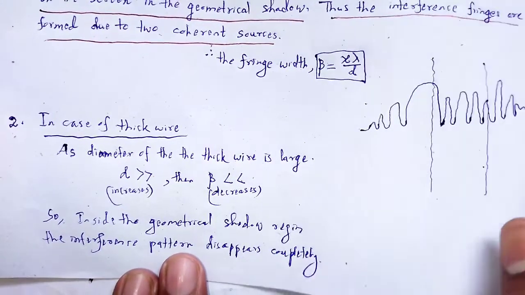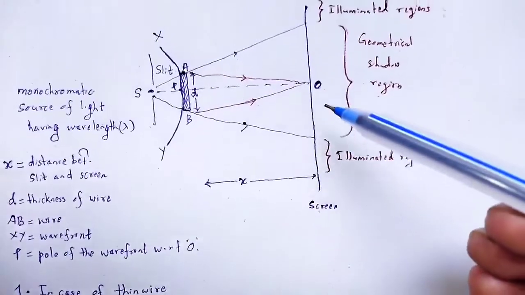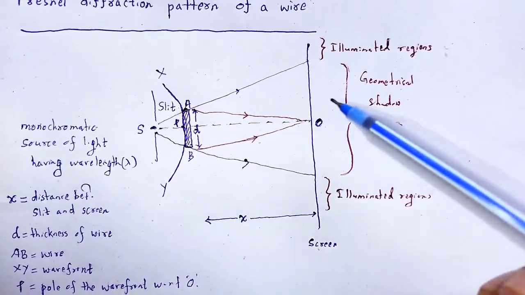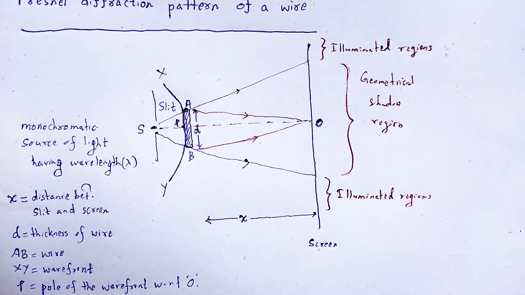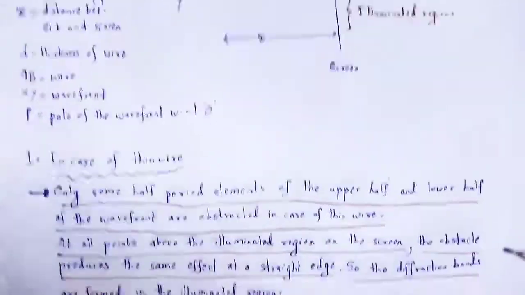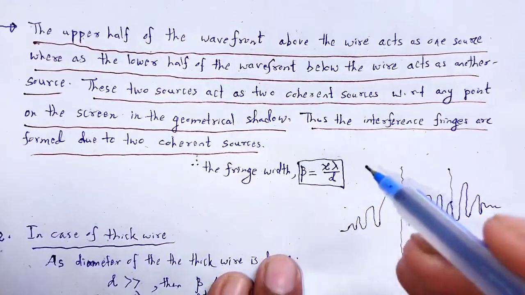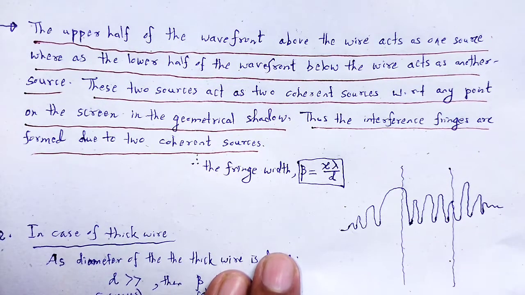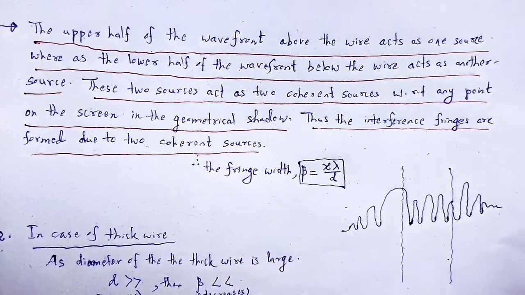Here there will be the formation of alternate dark and bright fringes, but due to the concept of fringe width, the fringe widths are very small, so we can't detect the alternate dark and bright fringes in case of a thick wire.